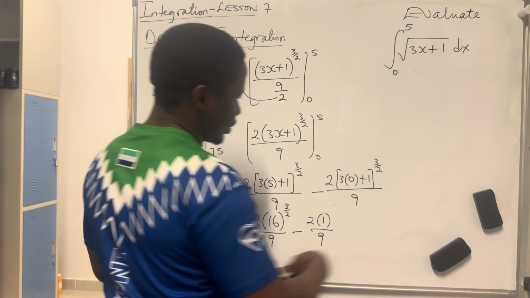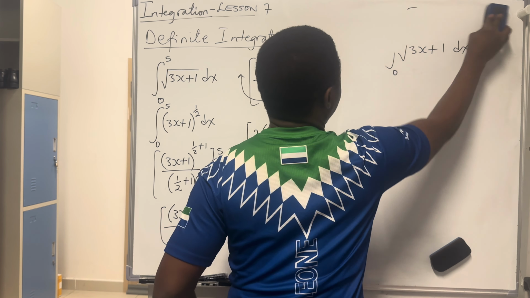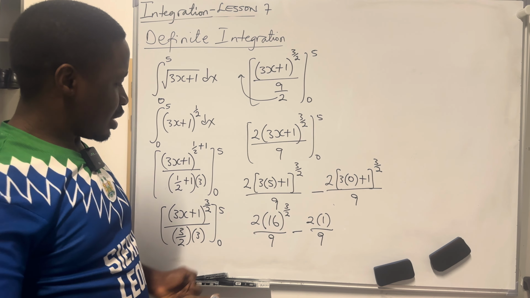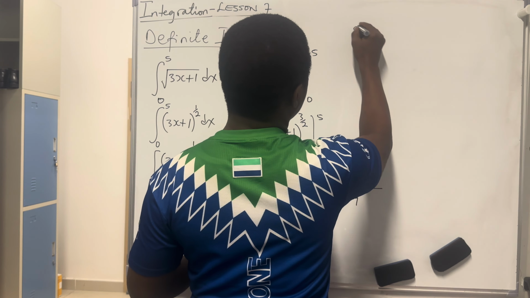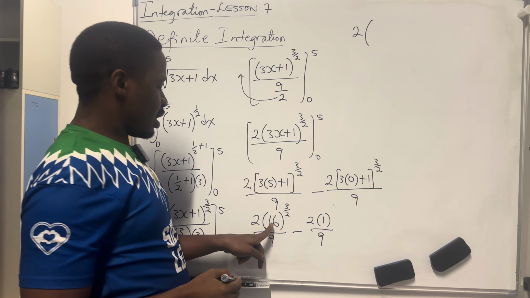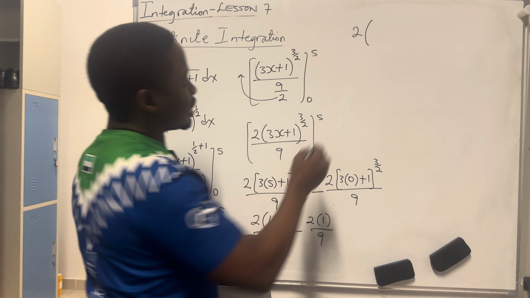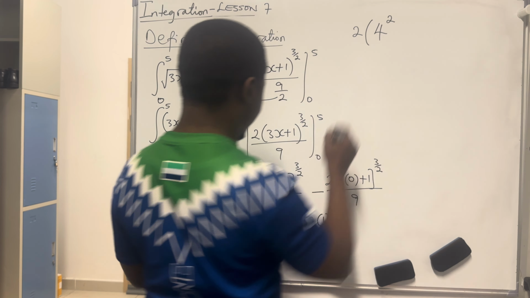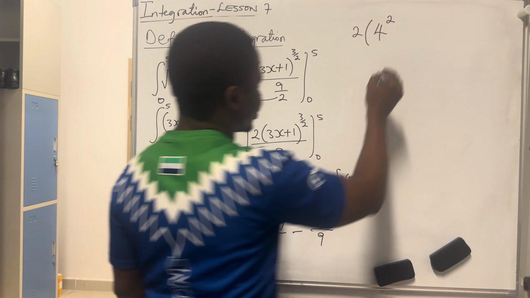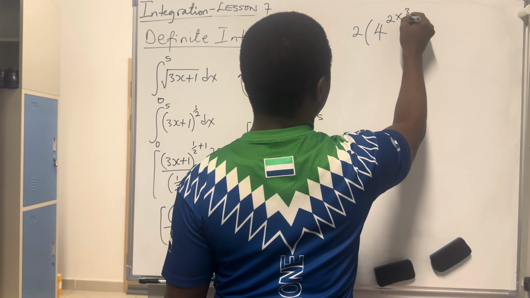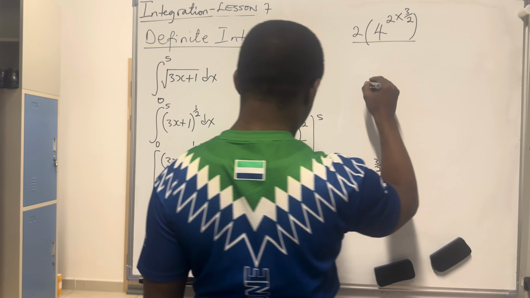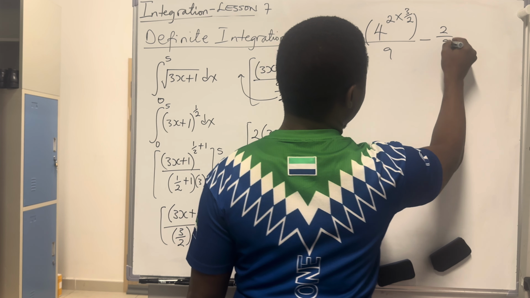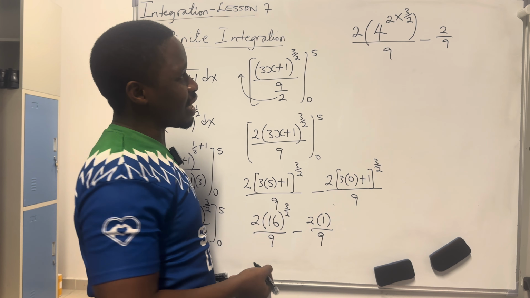So now we say 2 into 16, which is the same as 4 squared. But there is something outside, which is 3 upon 2, over 9, minus 2 times 1, which is 2, over 9.